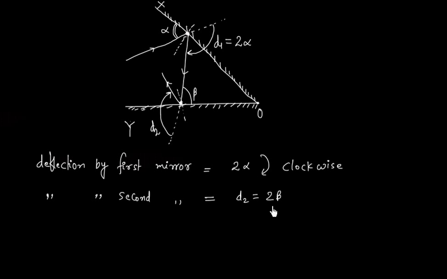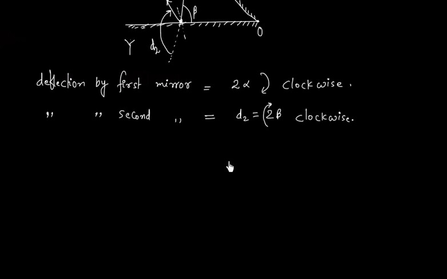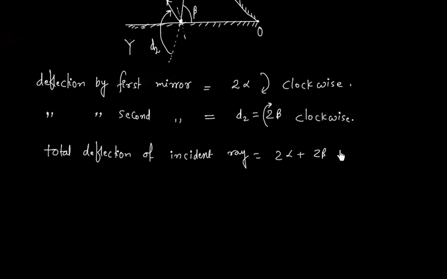And this is also in the clockwise direction. So we can say the total deflection of the ray is equal to 2 alpha plus 2 beta, in the clockwise direction.